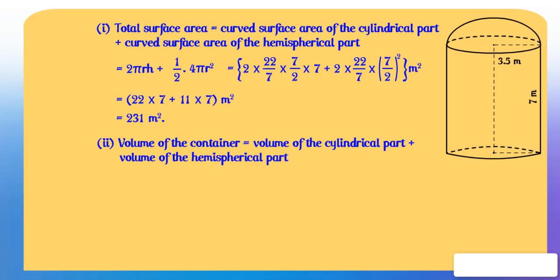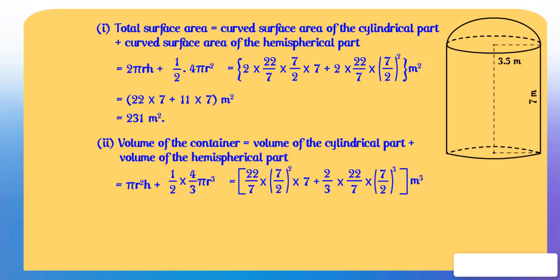Second, volume of the container is equal to volume of the cylindrical part plus volume of the hemispherical part. This is equal to pi r square h plus 1 by 2 into 4 by 3 pi r cube is equal to 22 by 7 into 7 by 2 whole square into 7 plus 2 by 3 into 22 by 7 into 7 by 2 whole cube meter cube.